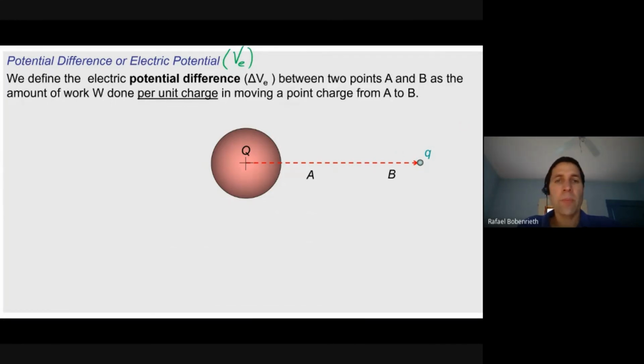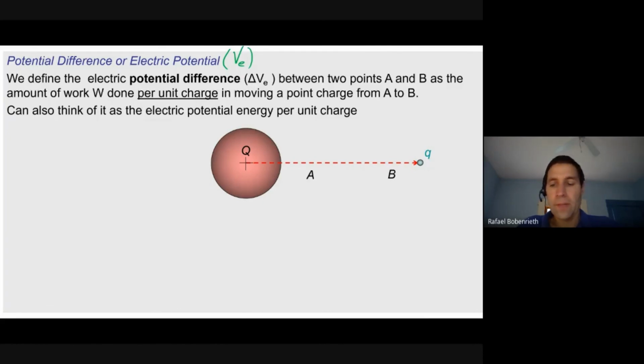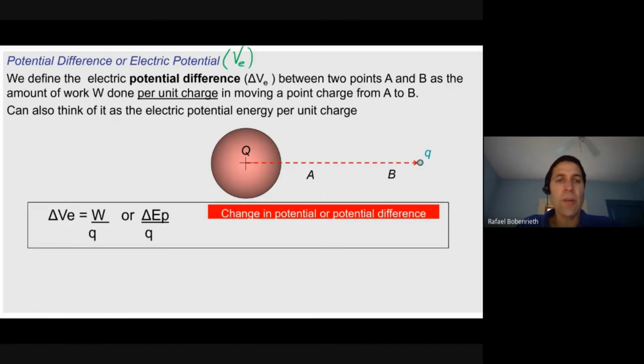The amount of work done per unit charge in moving a point charge from A to B. You can also think of it as the electric potential energy per unit charge in moving a point charge from A to B.